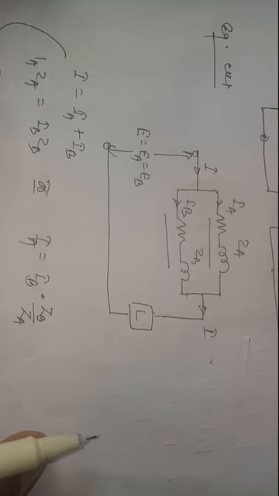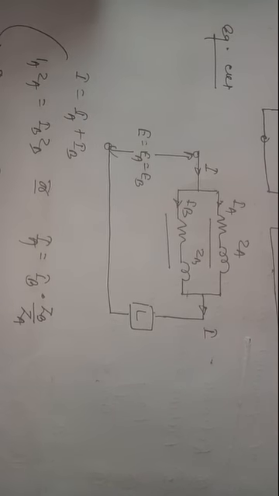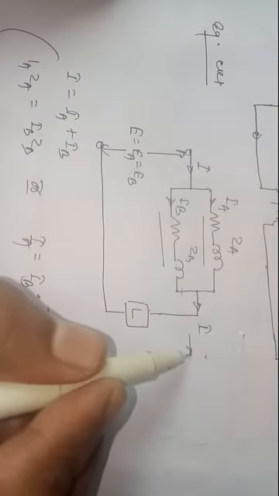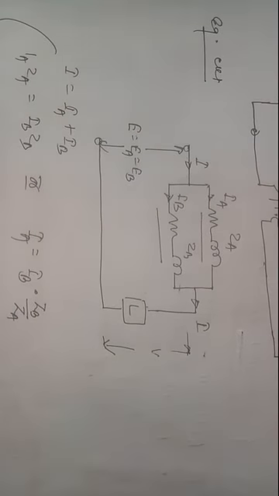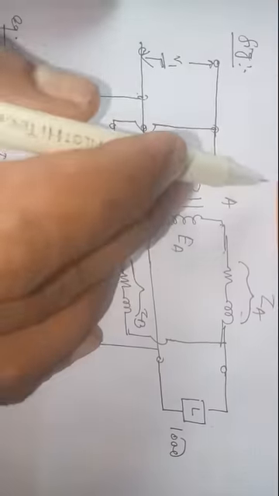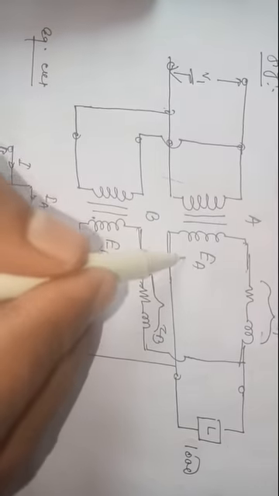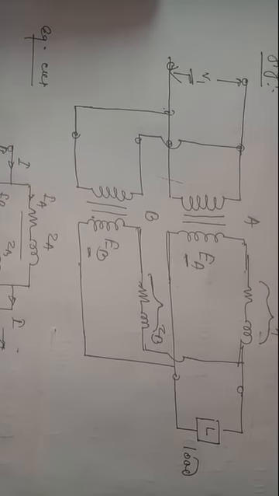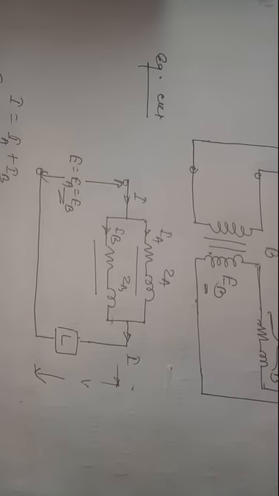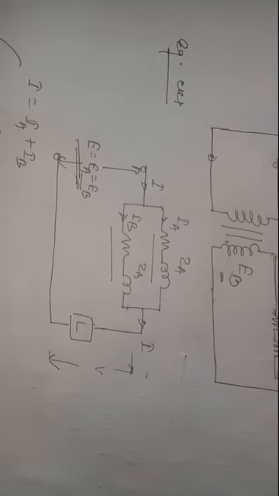After calculating the value of I, we can calculate the KVA shared, because they are connected in parallel, so they will operate at a constant voltage V. As we have assumed single phase transformers having equal voltage ratio, the induced EMF on both transformers is also equal. That's why E is equal to EA and EB, both are equal.